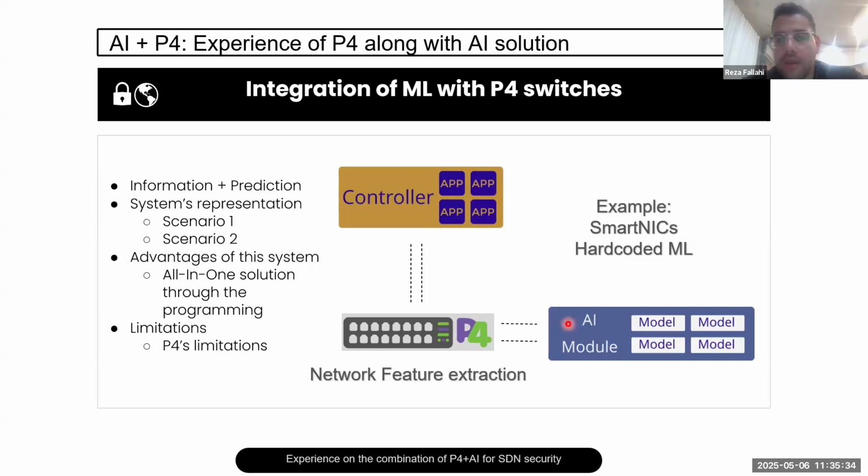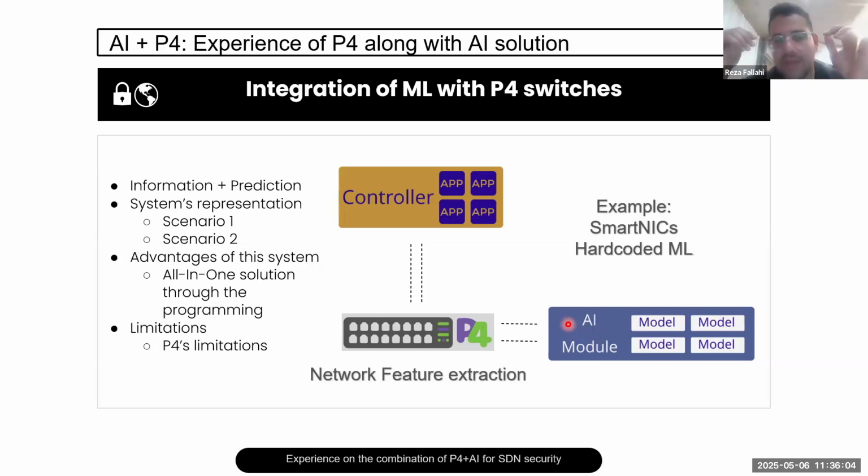Of course, the SmartNICs are really great technologies, and I'm a fan of them. But the vendor-specific devices aside, if we implement the AI solutions, the machine learning models, inside the P4 switch through programming, this is not going to be practical now. They were trying to propose a few simple tree-based machine learning models which try to bypass the limitations we have in P4 programming, for example lack of loops, lack of division.